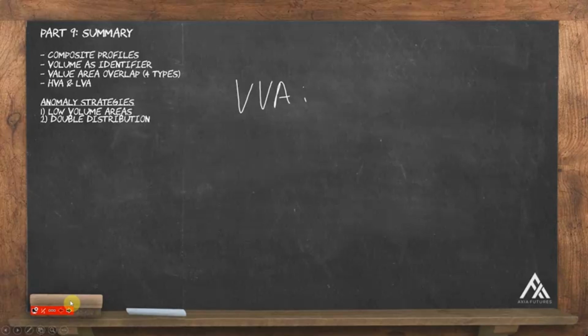We then also spoke about the sudden shift and the sudden relative change in volume over the period of the day, and how this could be an indicator of potential momentum coming into the market.